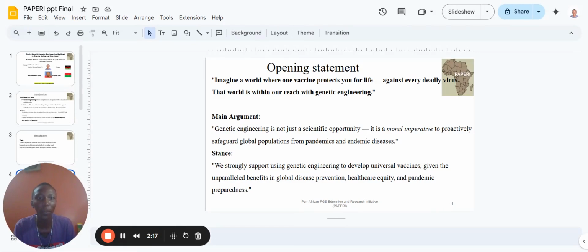It is a moral imperative to proactively safeguard global populations from pandemics as well as entire diseases. So, our stand as the affirmative team, we strongly support using genetic engineering to develop universal vaccines given the unparalleled benefits in global disease prevention, healthcare equity, and pandemic preparedness.